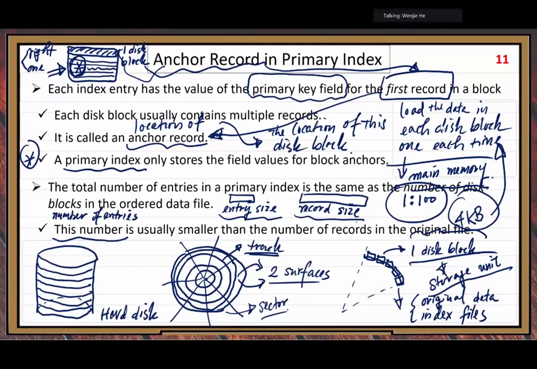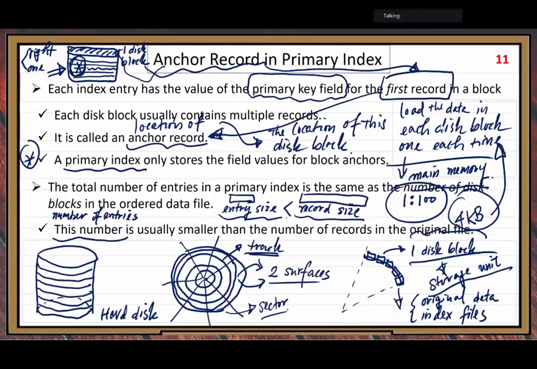For an entry, you only have two fields, the index key field and the pointer field. The original record has many fields. So usually the index entry size is much less than the record size.